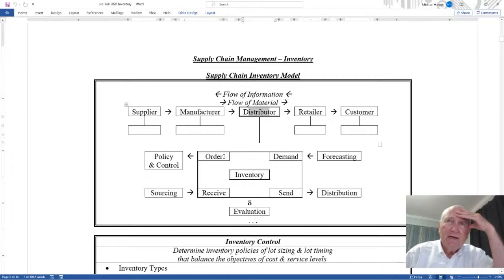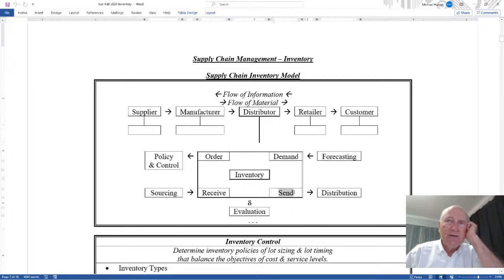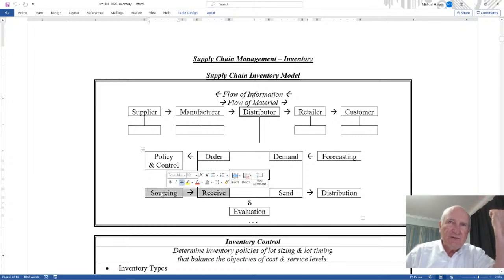First, notice inside this box is how you're analyzing your inventory. First your demand. Now the demand looks at outside forecasting, and then you're sending your demand downstream, that's distribution. You're ordering it upstream, that's policy and control, we'll look at that today. And then you're receiving it from upstream, and that's looking at sourcing.